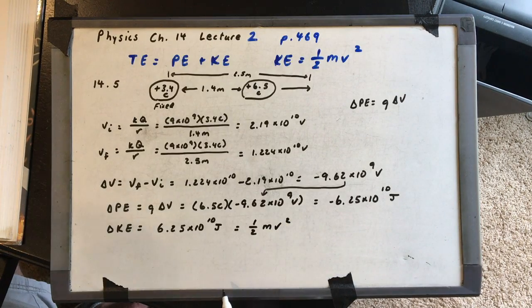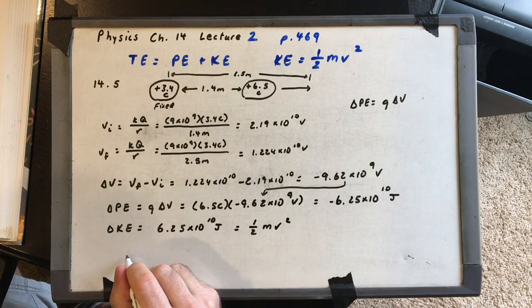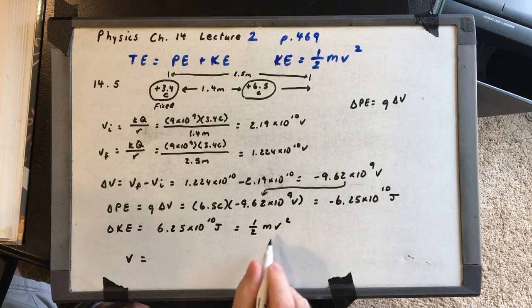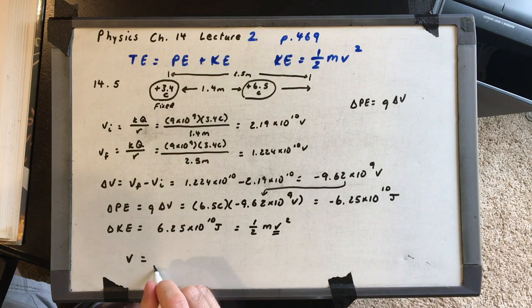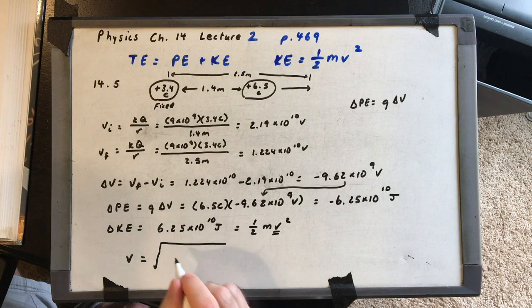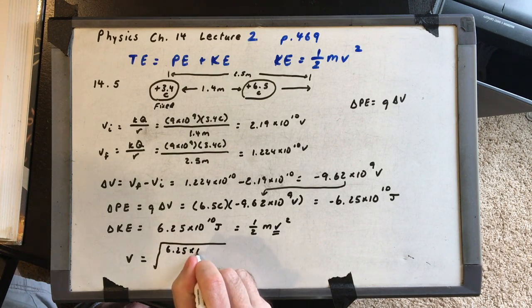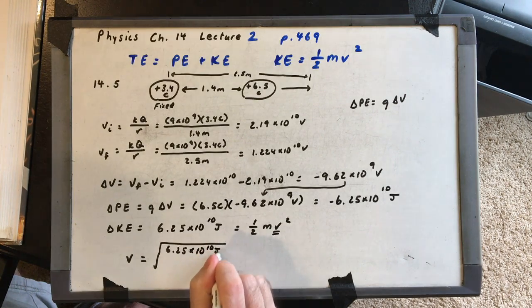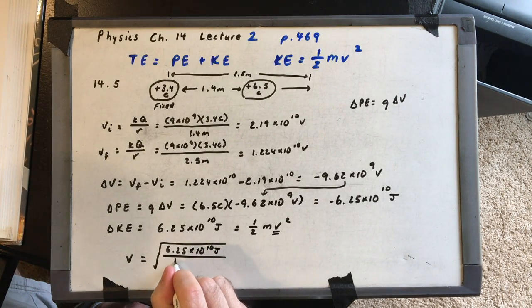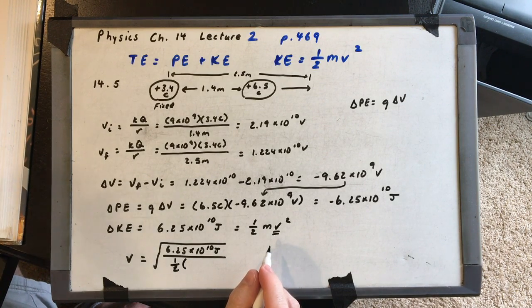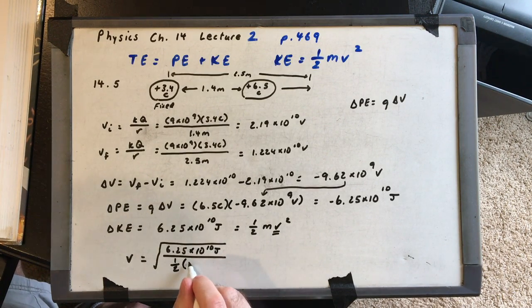We can set that equal to 1/2 mv squared. Solving for velocity, it's going to be the square root of 6.25 times 10 to the 10th joules divided by 1/2 times the mass, and looking back at the problem, the mass is 42.3 kilograms.